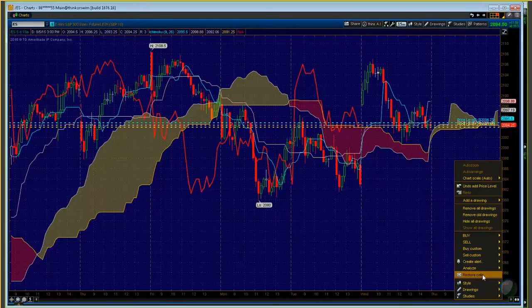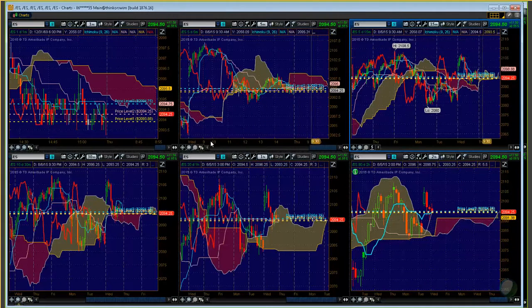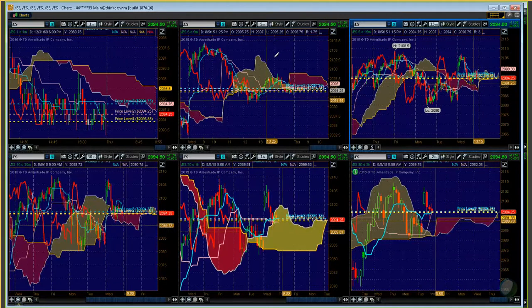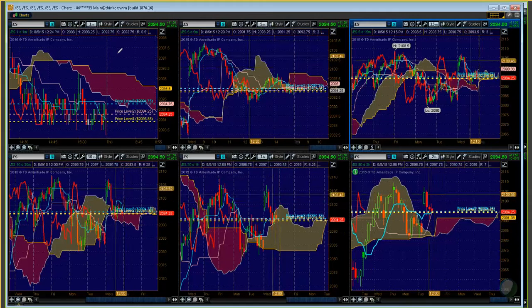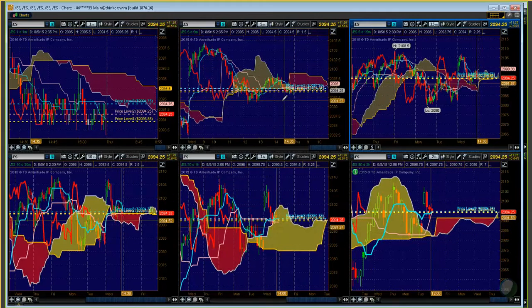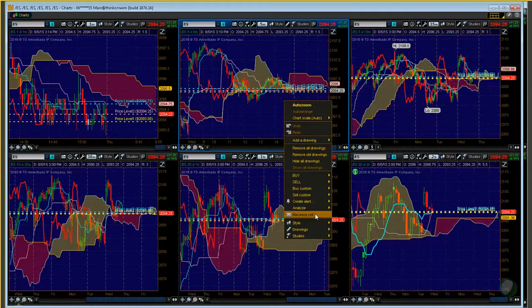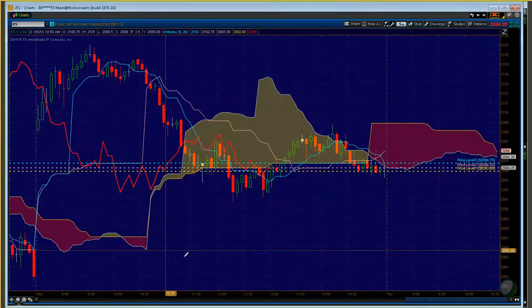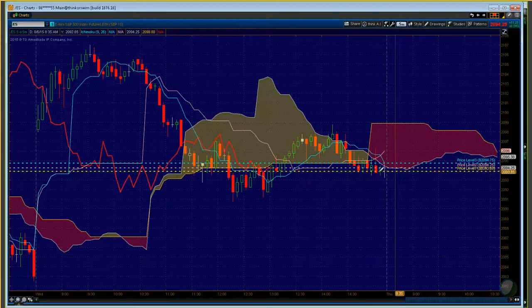So let's go ahead and restore the cells and look at what we have back behind us. We want to look at a 5-minute chart and a 1-minute chart. Do we have any correlations back here that we can look at and say, okay, what's this doing for us? Wow, Span B has acted as support. Does it correlate with anything? Nothing in the future. Closely correlates with the past Tenkan Sen.